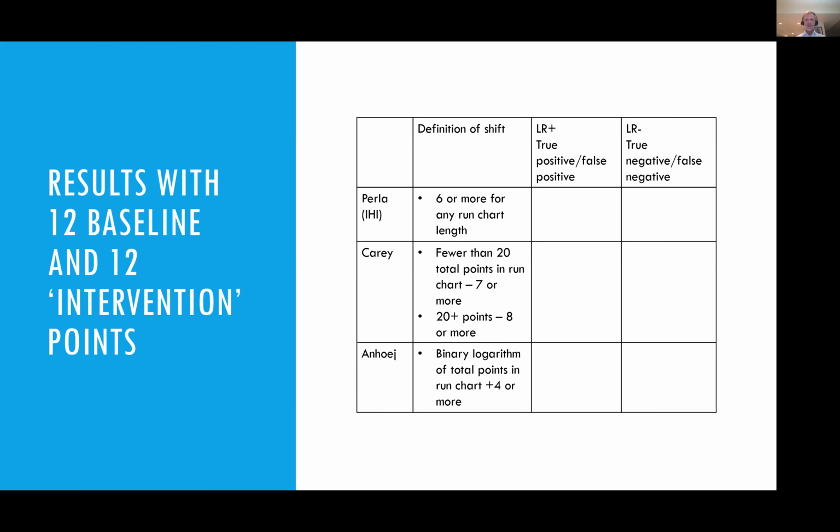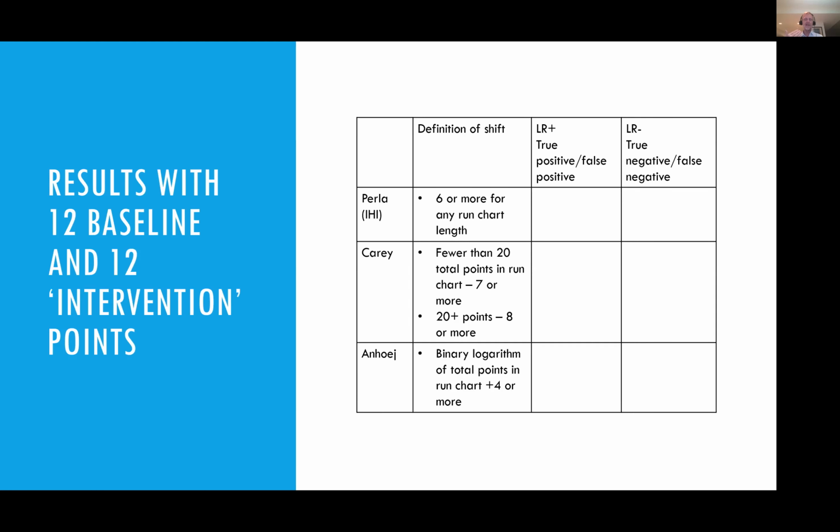Okay. So a likelihood ratio is what we use to understand diagnostic tests for clinical diagnostic tests, but it can also be applied for this type of diagnostic test where we're trying to find a change in the data. And the positive likelihood ratio is basically the ratio of true positives over false positives, right?